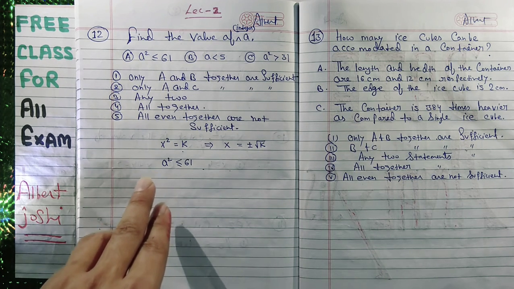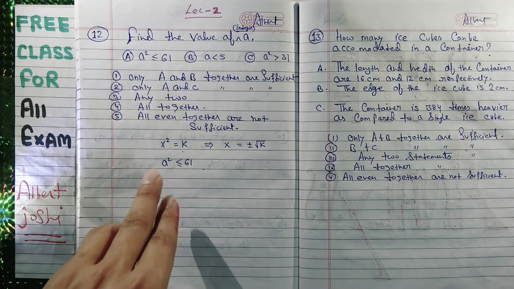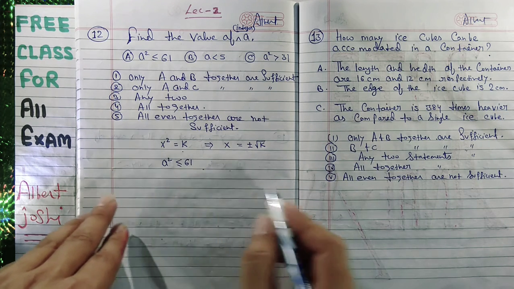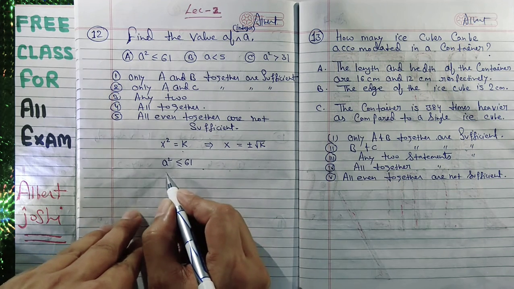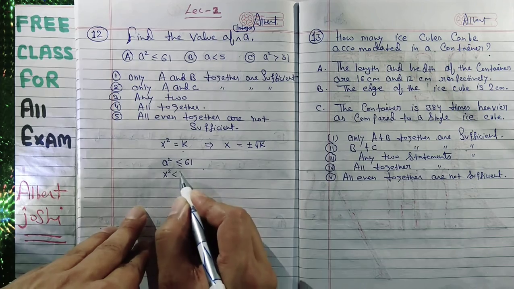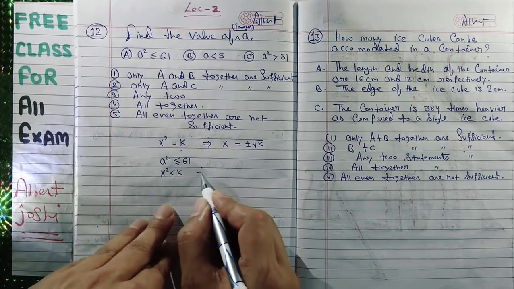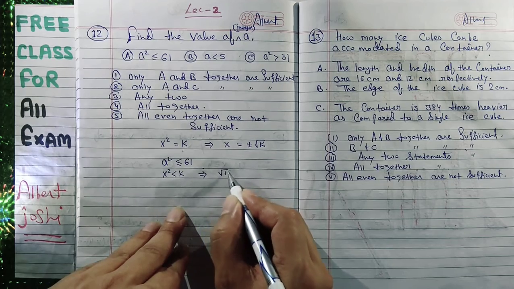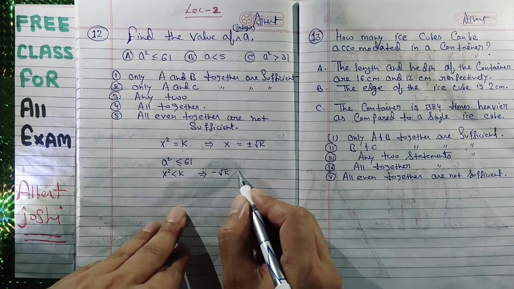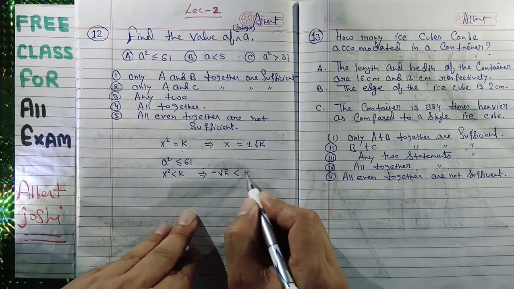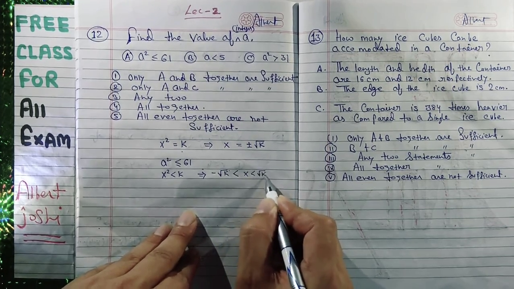I will write something before. If x square is less than k, it implies that you can write minus square root of k is less than x is less than square root of k.